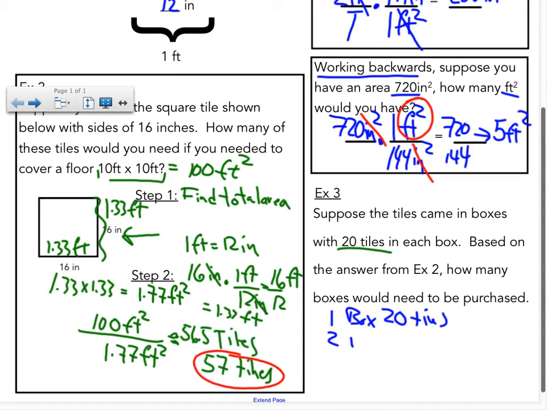If we had 2 boxes, we'd have 40 tiles. Is that enough? No, we need 57 total, so 3 boxes would give us 60 tiles, and that would be enough. So this would be it. We need 3 boxes.